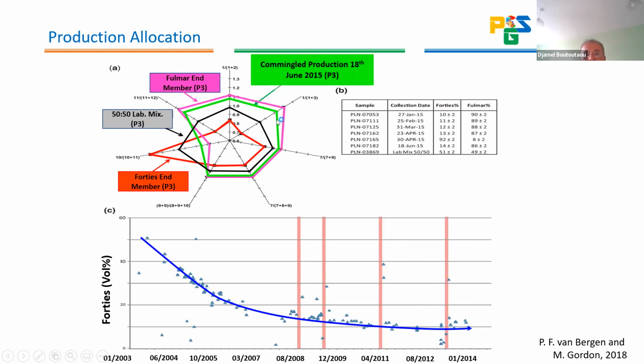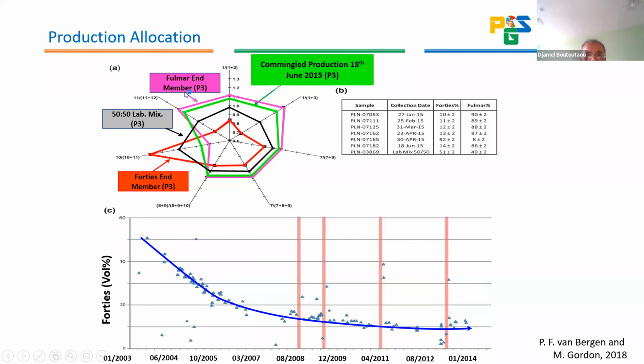And today's produced oil is in green. So we directly see that our commingled produced oil is mostly being produced from that reservoir already, and we can calculate how much. You can also see through time how the production has evolved.